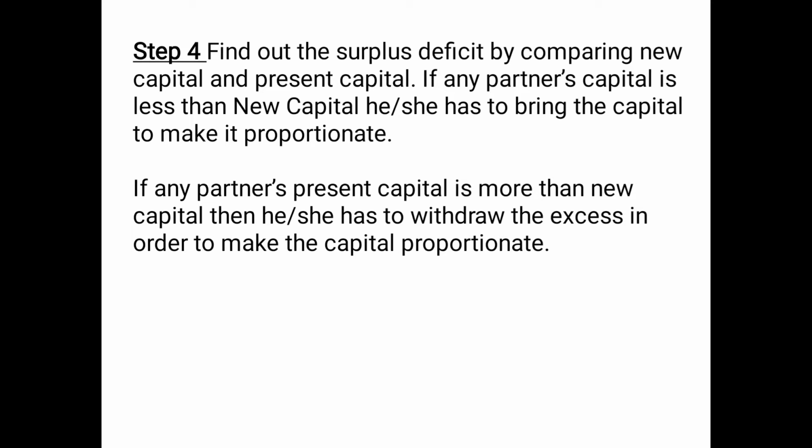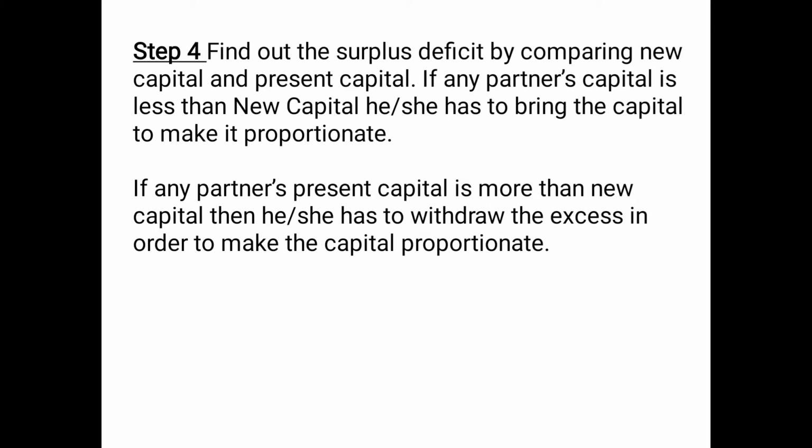And step number 4 will be you will compare the required capital with the existing capital. If the required capital is more than the existing capital, then the partner will be required to introduce the deficient amount in cash or bank, and if the existing capital is more than the required capital, then the partner will withdraw the surplus amount in cash or bank.